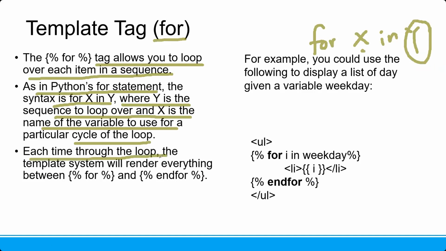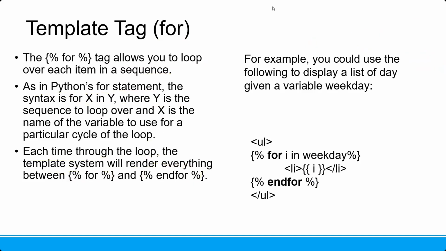Each time through the loop, the template system will render everything between for and endfor. So if you are using Python, you just make the indentation. But in the template tag for Django, you need to have for and endfor. So for example, I'm using UL. Do you remember UL? It is unordered list.